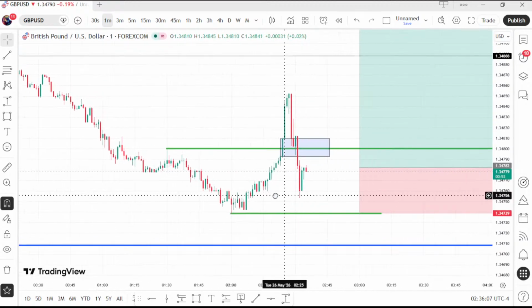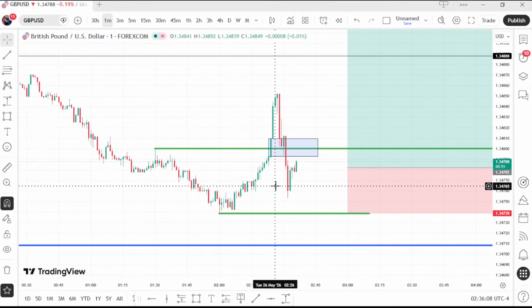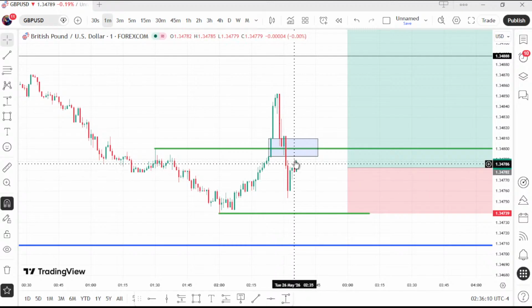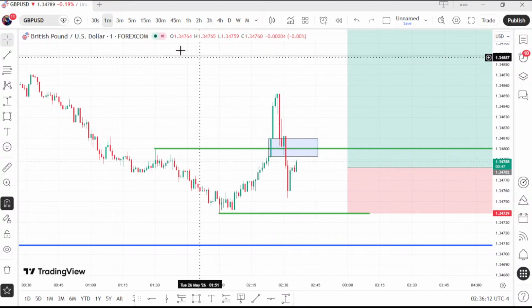This swing low. Let's watch it. If price doesn't take it, we'll be going up higher and higher.